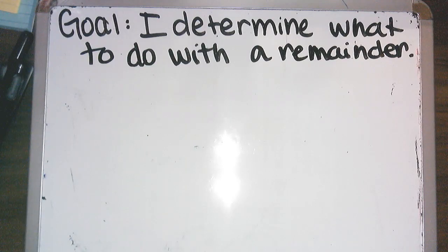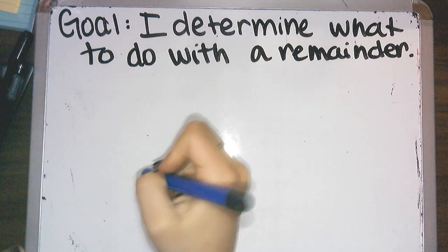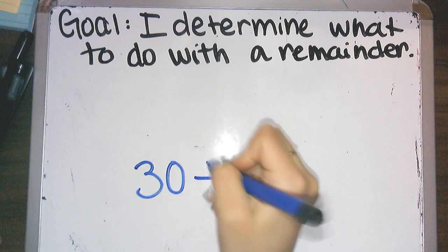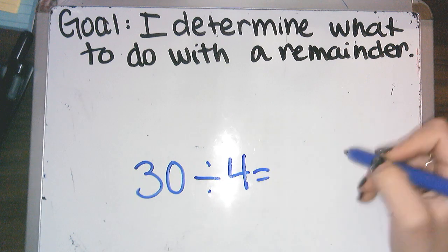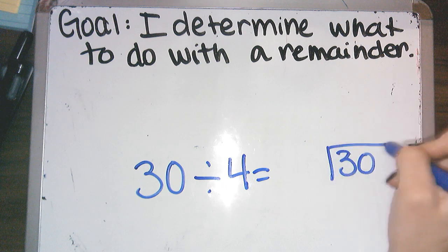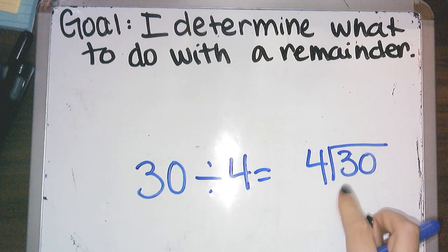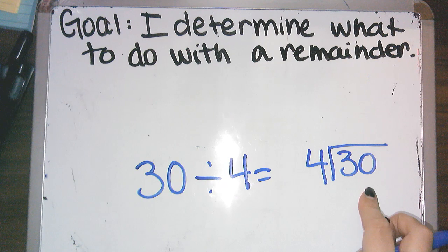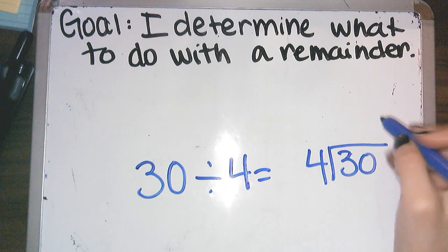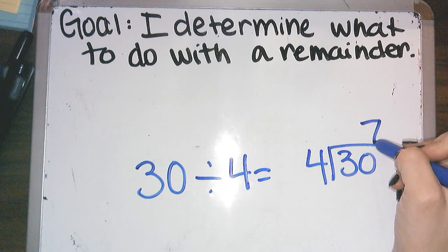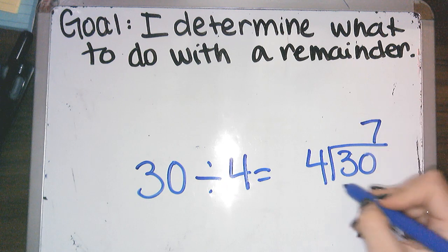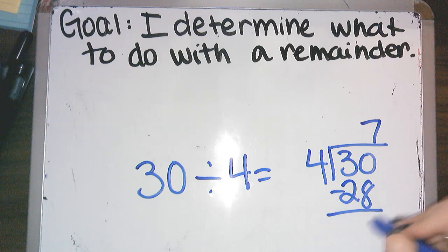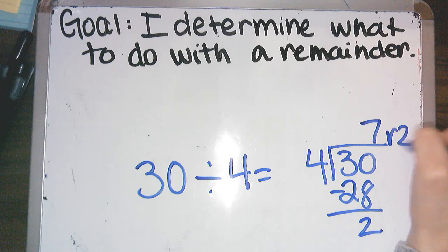Today, our goal in math is to determine what to do with a remainder. For every single problem that we do, our problem is going to be 30 divided by 4. If we set this up, we can figure out how many times 4 goes into 30. 4 goes into 30 seven times, which is 28, so 7, remainder 2.